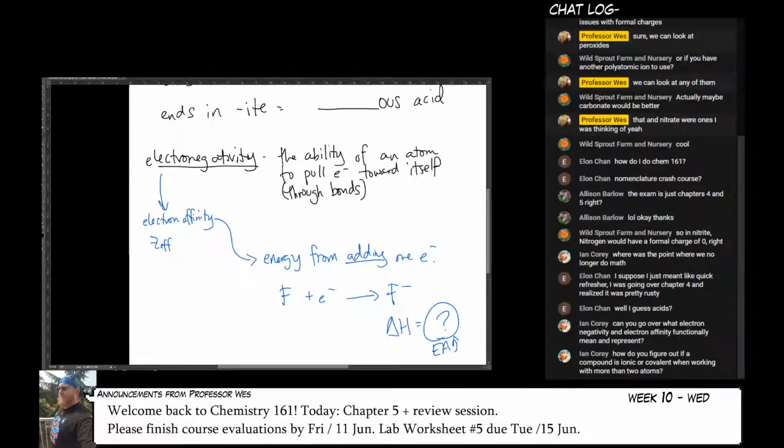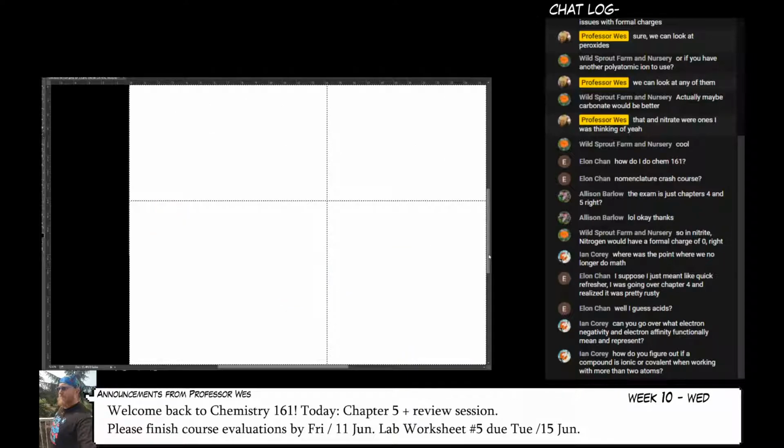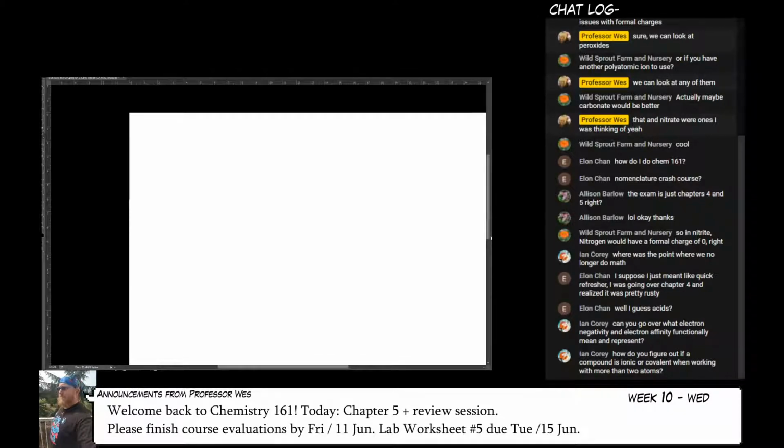How do you figure out if a compound is ionic or covalent when working with more than 2 atoms? So, for the purposes of this class, if you were given something like this, then what you would be looking for are polyatomic ions.